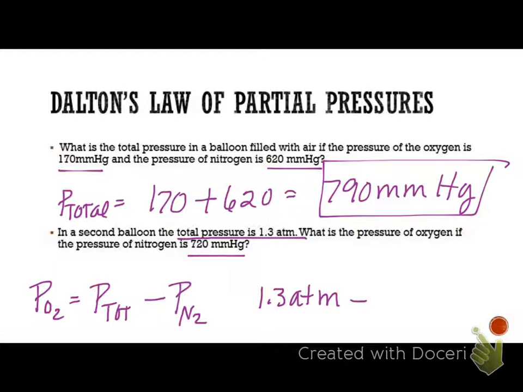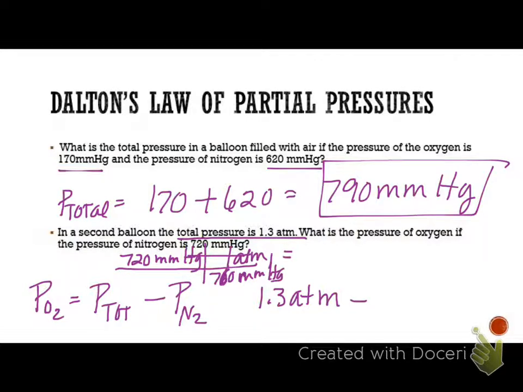Okay, and so it's just your personal preference. It's just my habit to go to atmosphere. You could do it the other ways too. I just like to go to atmosphere. So I'm going to have to go over here and do a real quick conversion and say 720 millimeters of mercury divided by, the conversion factor is 760 millimeters of mercury is 1 atmosphere.